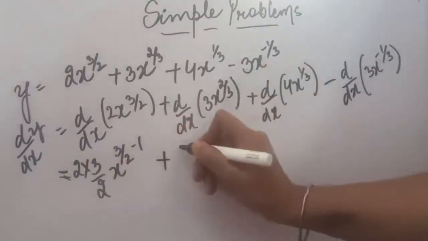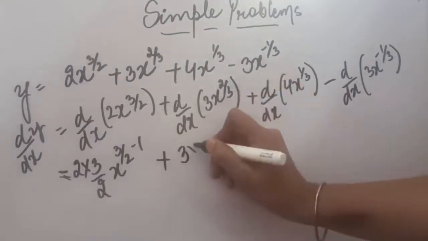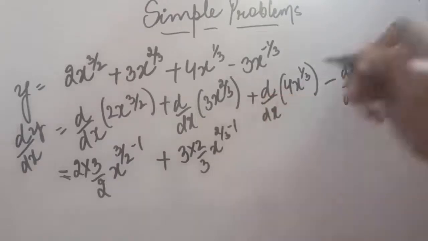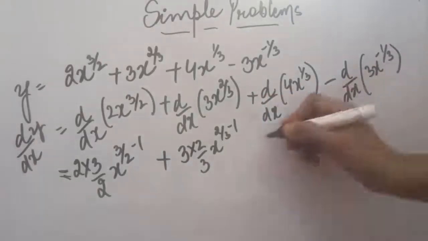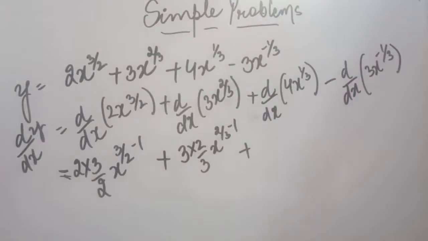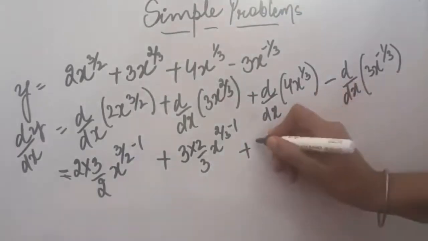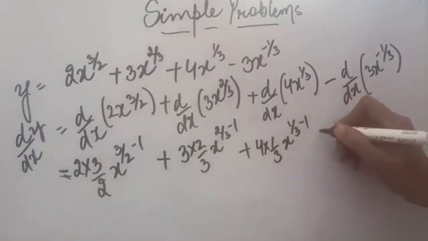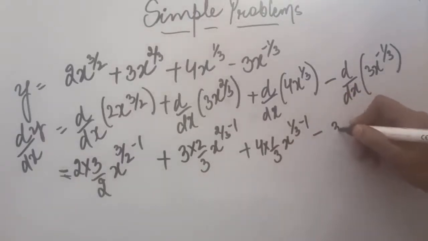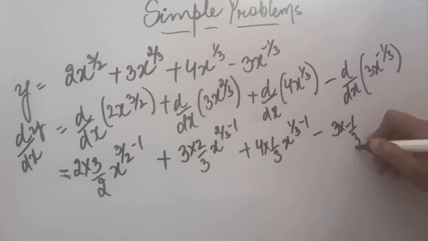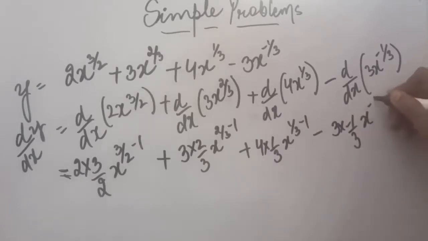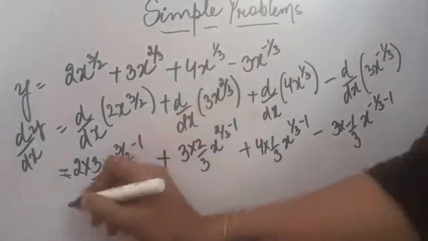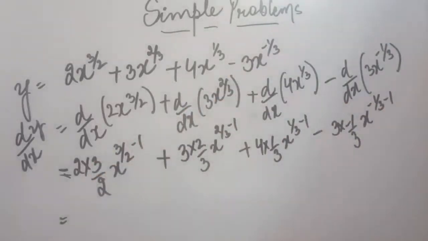Plus in this case also 3 is already there, so this 2 by 3 will come forward, and x power will be 2 by 3 minus 1, plus again 4x having power 1 by 3, so 4 into 1 by 3, and x power will be 1 by 3 minus 1, minus, now 3 is there, into minus 1 by 3 will come forward, so x power minus 1 by 3 minus 1, because already there was minus 1. So we will solve it and we will get the answer of the derivative.